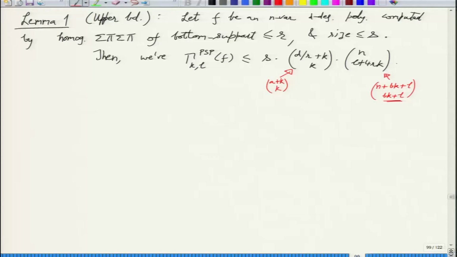In shifted partials, we were looking at more general monomials whose degree could become n plus bk plus L. But now the degree won't matter. So now actually the top part will remain n. This bk plus L will go away. And this bk plus L will continue to be there with b replaced by R. So we are getting rk plus L essentially.